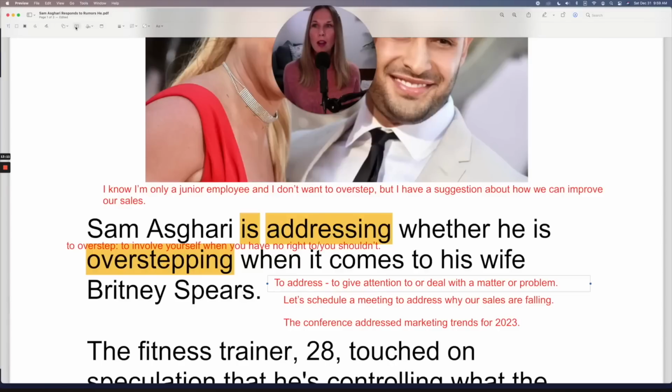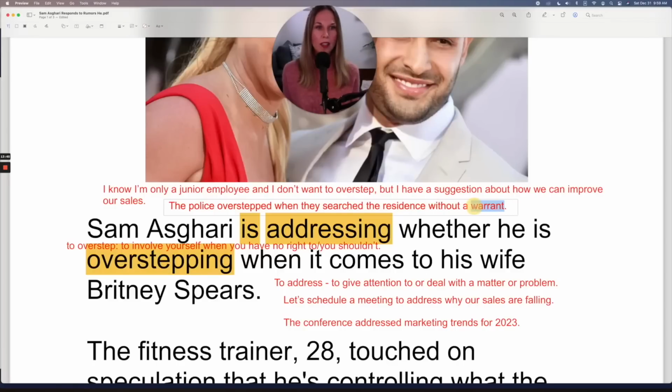I'll give you one other example because we do commonly see this, for example, with the police or government. They have power and authority, right? But there's certain things they should and shouldn't do, right? So maybe someone might say the police overstepped when they searched the residence without a warrant.